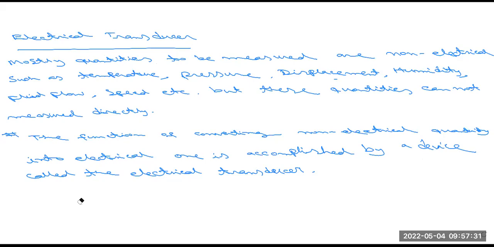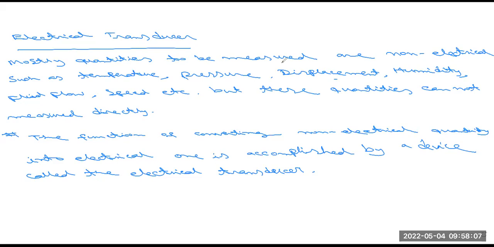Okay, so this electrical transducer is basically a sensing device which senses physical, mechanical or optical quantities, and then converts them into another form. Sometimes it is resistive, inductive, or capacitive. That means when you change a non-electrical quantity into another form, it also changes some resistance, some capacitance, sometimes the inductance.